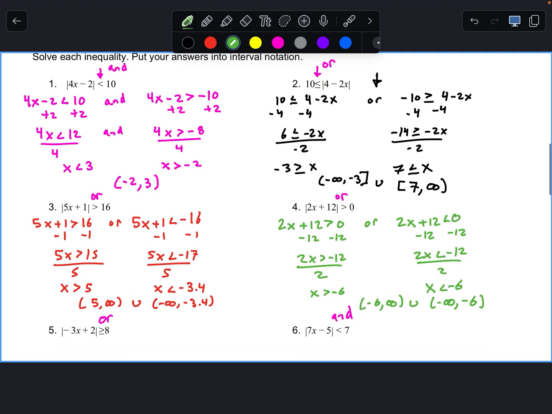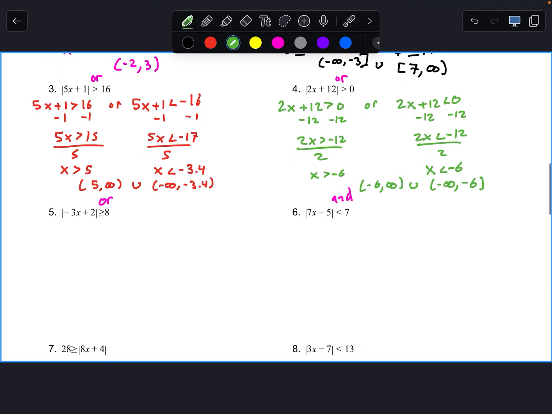I'm going to move now to problems 5 and 6. Copying down once again as they're written, setting it to the positive value, or setting it to the negative value.